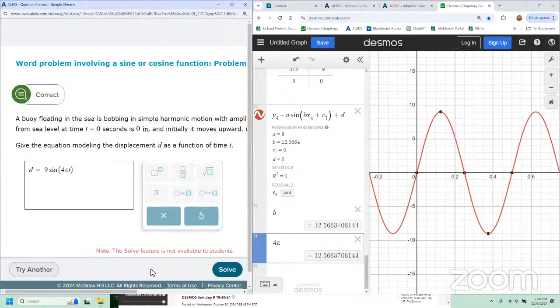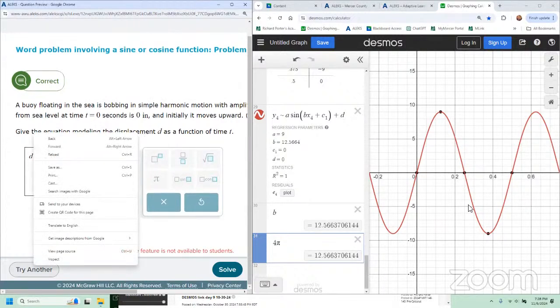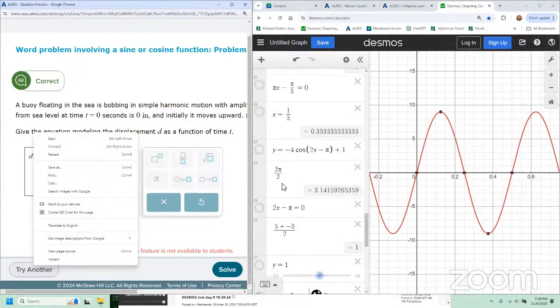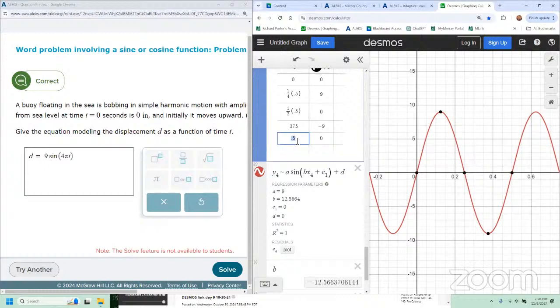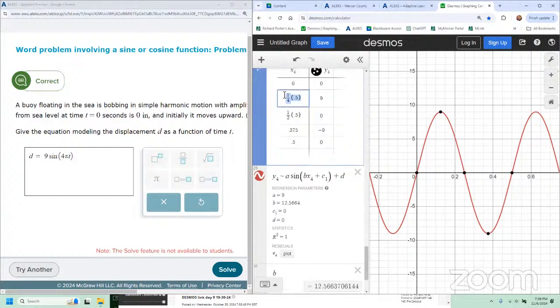That's correct. Okay, so all this is, is a word problem, and you have to understand the buoy going up and down, and you have to figure out from the period, they tell you the period is 0.5. The other points you're missing are going to be the midpoint, half of a period, a quarter of a period, and then 3/4 of a period. It's always going to be that way.